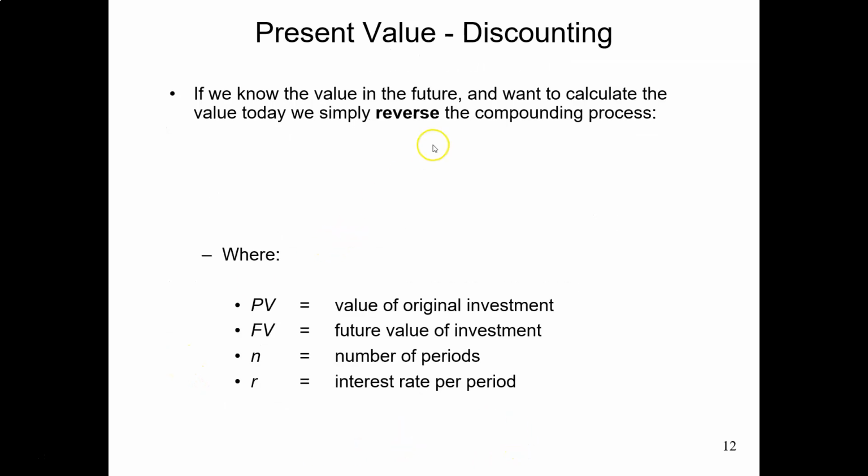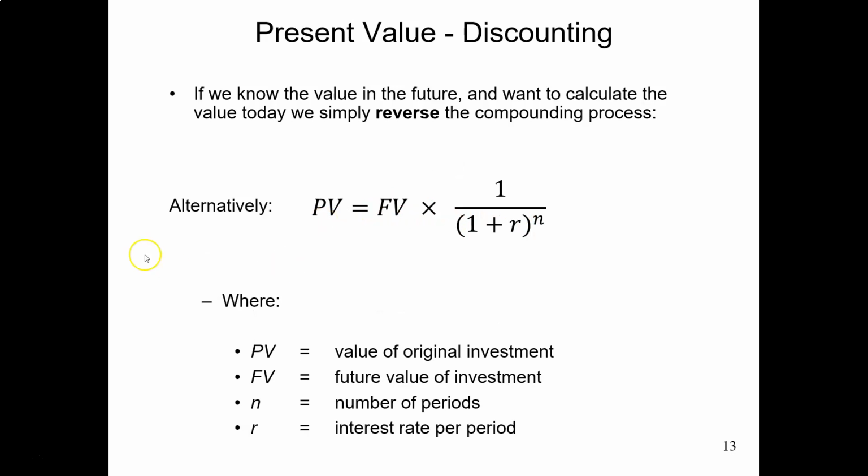Okay, so this reversed calculation process is the discounting process. If you know the future value of a cash flow, and you know how many periods you will need to wait to get this future value of investment, then you just use the future value over 1 plus r to the power of n to calculate the present value of this cash flow.